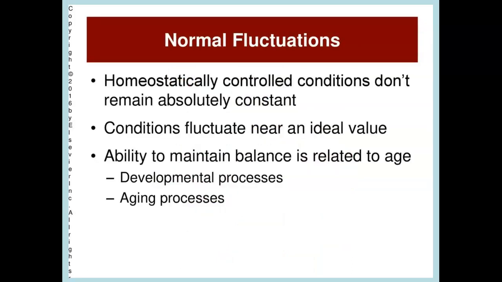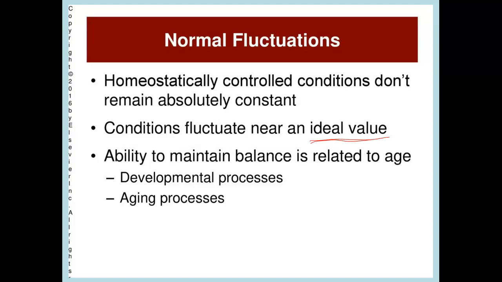There are lots of normal fluctuations that happen very regularly, and you'll notice those homeostatically controlled conditions throughout the day. They usually fluctuate near an ideal value, and if that's the case, you don't feel too uncomfortable. You're hungry, you go eat, you're fine. You're cold, you put on a sweater, you turn up the heat, you're fine.